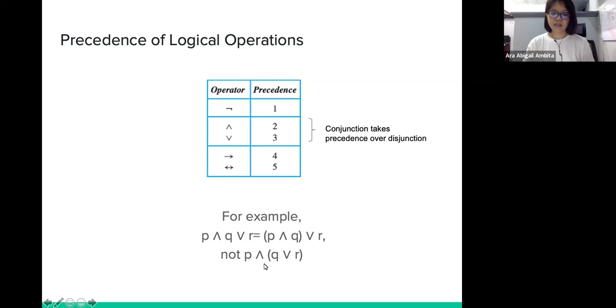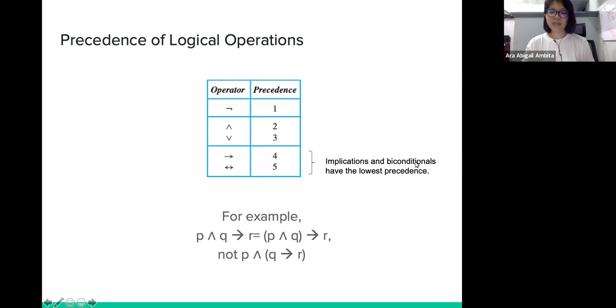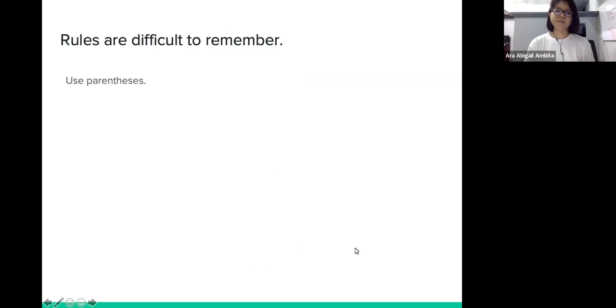Lastly, it's the implications and biconditionals that have the lowest precedence. For example, if you have P and Q implies R, we group the conjunction and disjunction first, which have the higher precedence, followed by the implication and the biconditional.